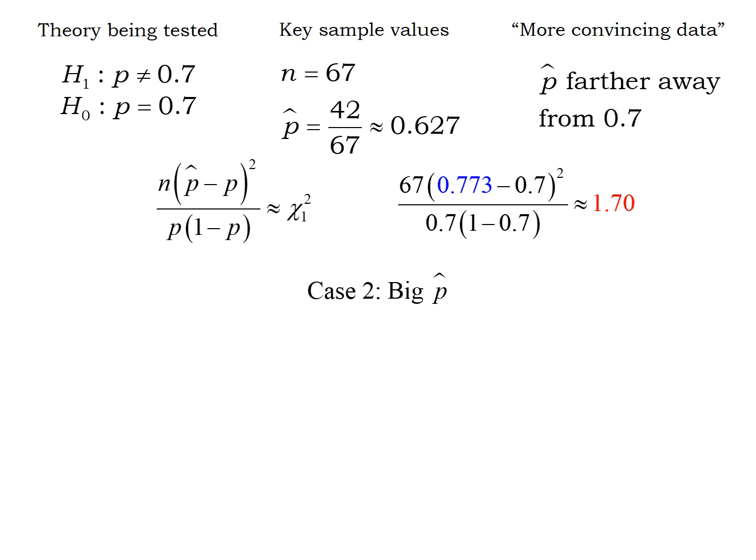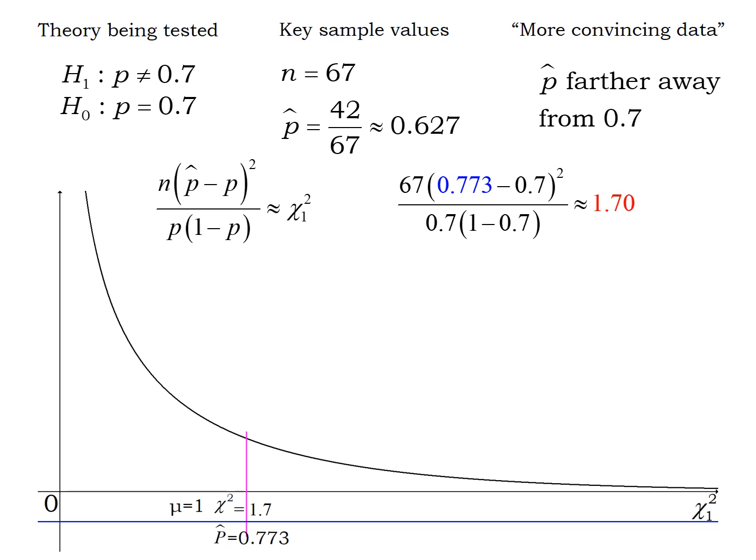Okay, so not surprisingly here, 0.773 for our p-hat gets us the same chi-squared score of 1.7 as the 0.627 did, right? Because again, both of those numbers are exactly the same distance from p, so (p-hat minus p) squared will be the same in both cases. So again, p-hat being 0.773 led to a chi-squared score of 1.7.